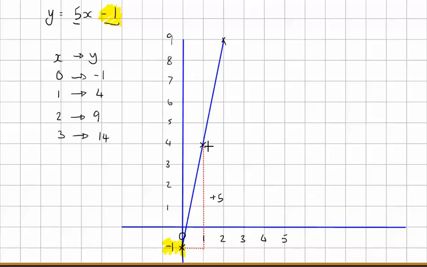And again with the next one, go to the next input of 2, from 4 we go up to 9, so we have plus 5 again. So from there to there is plus 5. So it does look like that number matches to that one, and the minus 1 matches to where we start from.